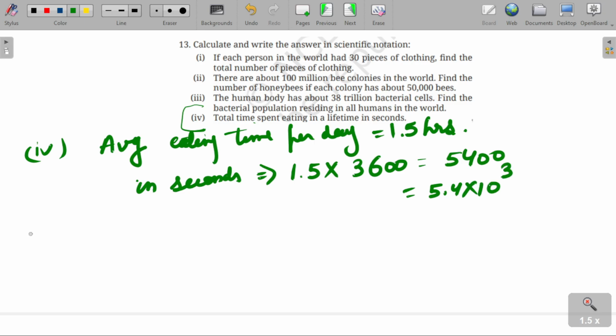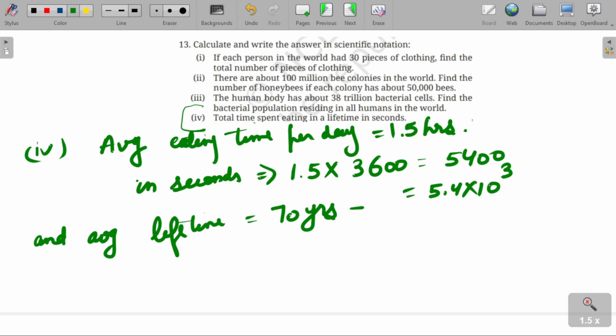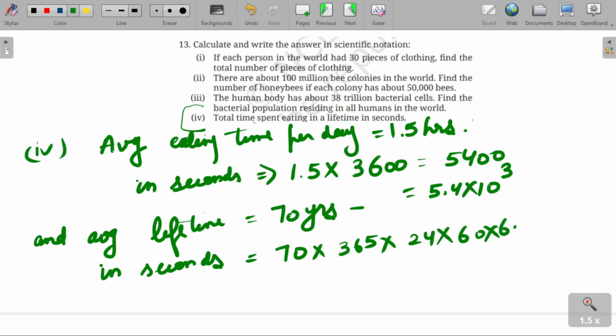Okay, and we are taking average lifetime. Average lifetime of a person is, say, 70 years. This is the average time we are taking. And if we convert this 70 years into seconds, because we need the same units, okay? So this will be 70 into 365 into 24 hours and then 60 minutes and 60 seconds.